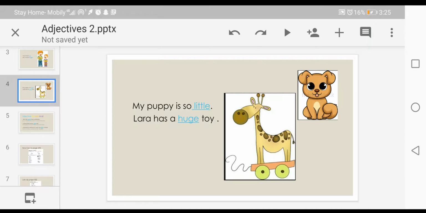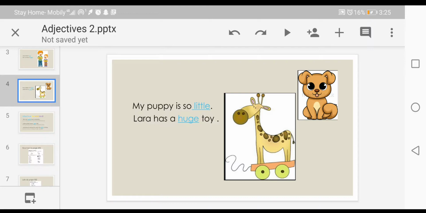Next, my puppy is so little. Laura has a huge toy. Now, if you look at these two pictures, by using the adjectives little and huge, we can understand what we are talking about.